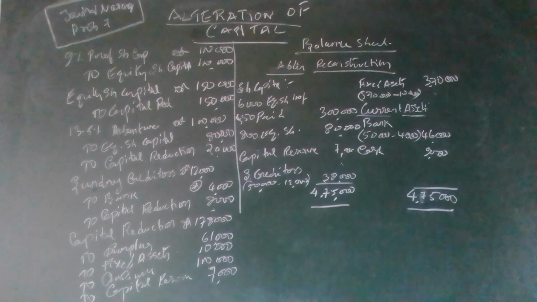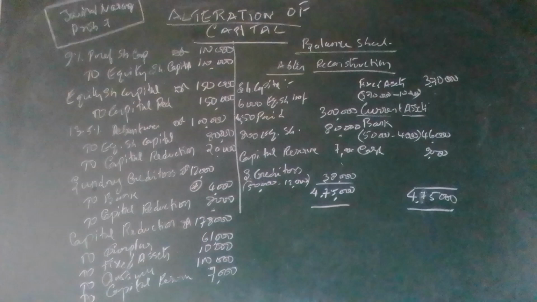Another one is that the existing equity share is to be reduced to 50 rupees. Actually it is 100 rupees reduced to 50, and the face value remains the same at 100 rupees. So the face value of 100 rupees is maintained, but the paid-up value is reduced to 50 rupees.